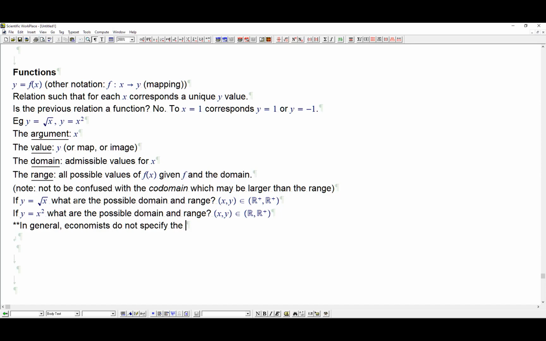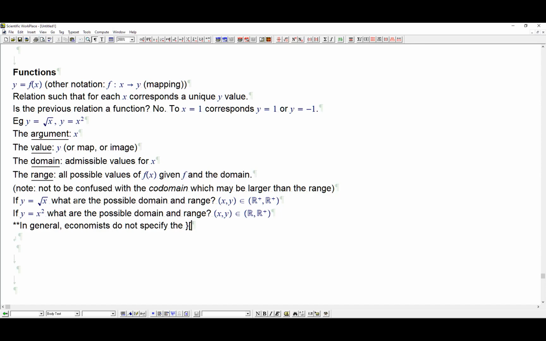Does the domain include zero? If we're talking about natural numbers, it's open to definition, but usually we say it does not. For real numbers, we say yes. But I could always define it as I like.